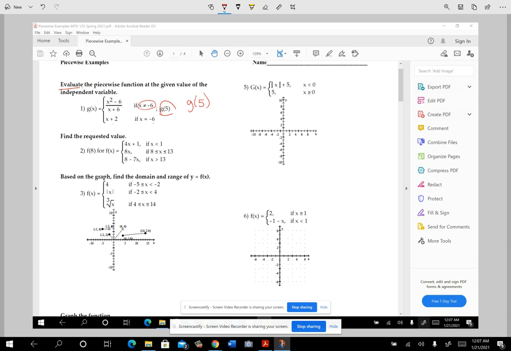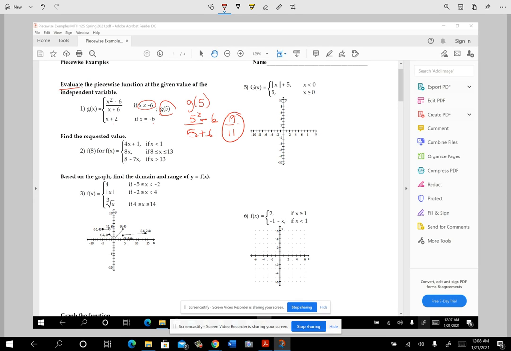And so that means I need to take and plug in the 5 everywhere there is an x on that top rule and just work it out. So it'd be 25 minus 6, which is 19, over 5 plus 6, which is 11. So g of 5 would equal 19/11.